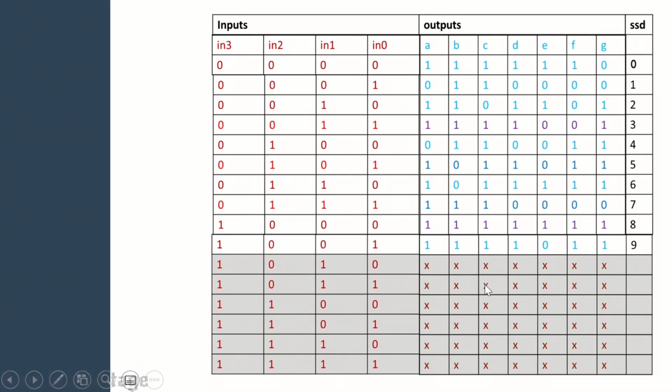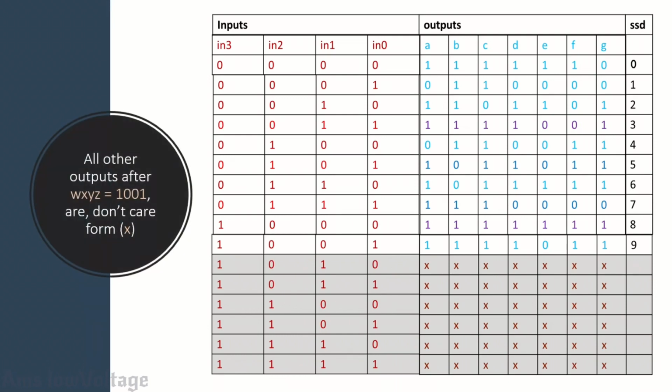That means we don't care whether the outputs are 0 or 1, because we have already got our outputs from 0 to 9. So all other outputs after WXYZ equal to 1001 are don't care, and I have already put them in this table.